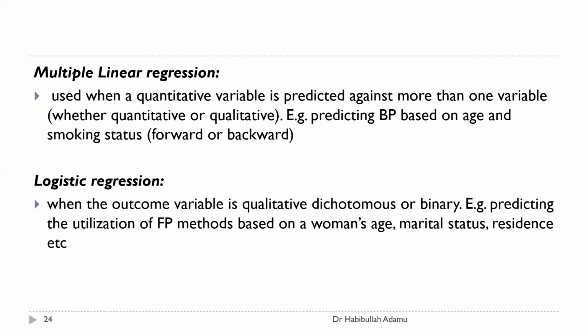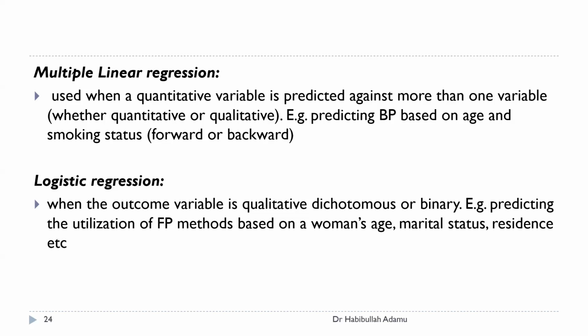So broadly, regression is either linear or logistic. Linear regression is used if what we are trying to predict is a quantitative variable. For example, if we are predicting blood pressure, fasting blood sugar, or weight, all these are quantitative variables, so we use linear regression.